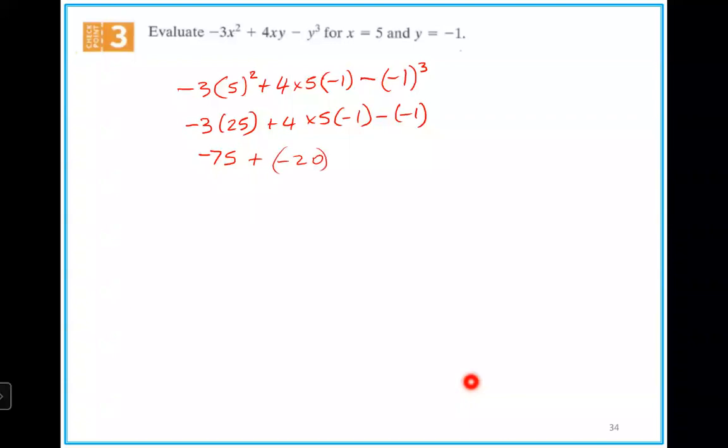And then -1 would be the same. Okay, if we want to put it, the minus -1 is the same as +1. Okay. So now the next line, you're going to say -75 plus -20 gives you -95, plus 1.